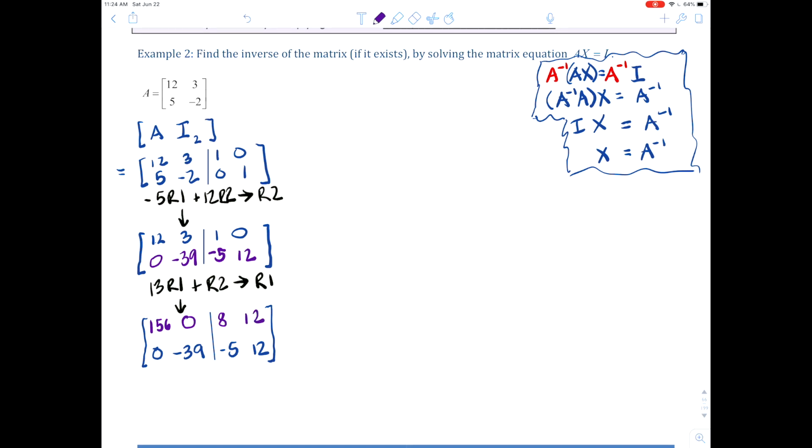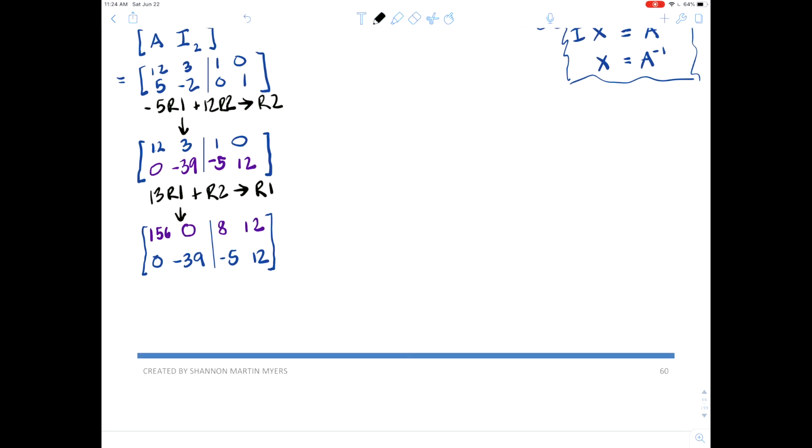Good so far? Awesome. Okay, so now we just need to do a little bit of housekeeping. Now we just need to get our leading ones, our pivots.